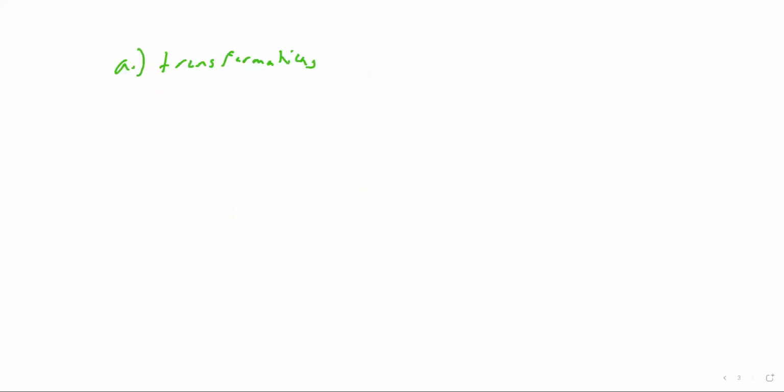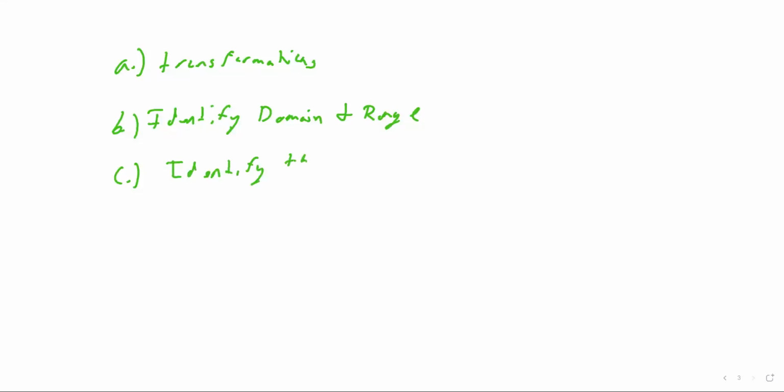All right, so on this next part, we'll continue to identify the domain and range. Let's see what else it wants us to do. And then also wants to identify the asymptote, which is kind of what we did in the previous problem already.